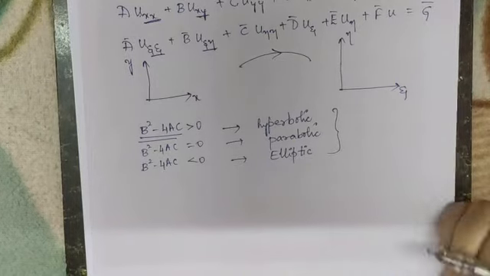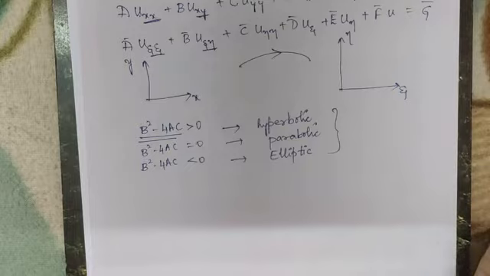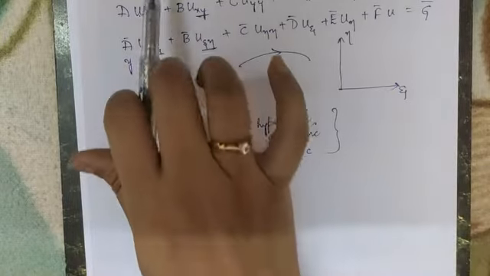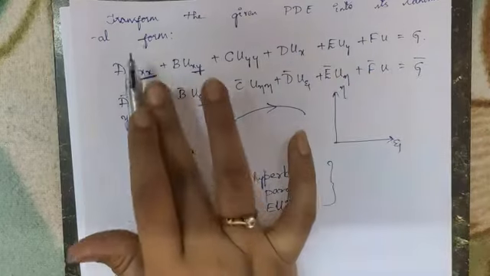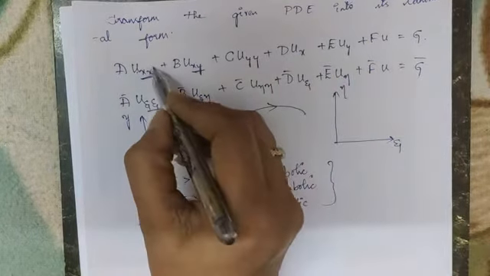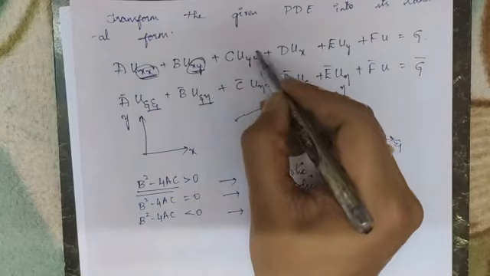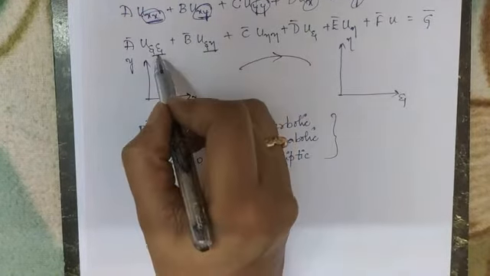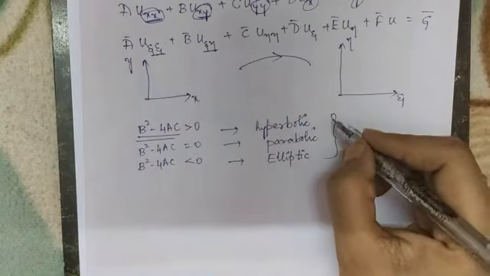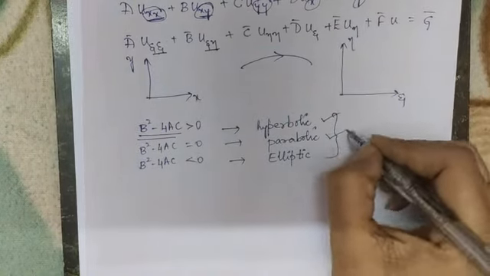So these three are the classification of our second order partial differential equation. Using all these concepts, now let's solve the problem of transforming the given partial differential equation into its canonical form. The given equation is in the xy plane, and we convert it to the xi eta plane in the case of hyperbolic and parabolic.